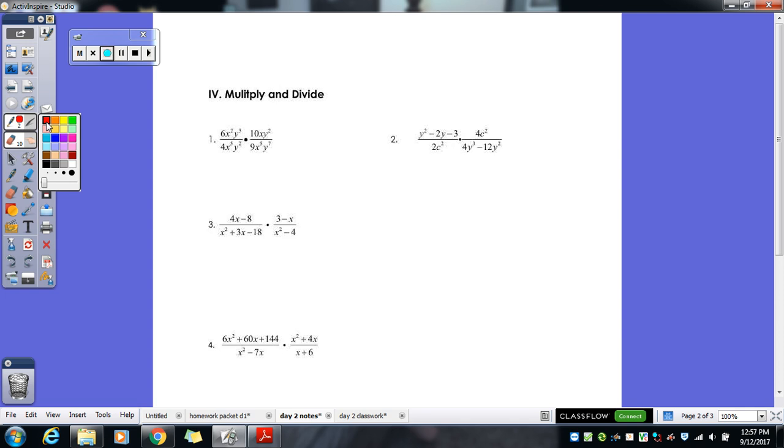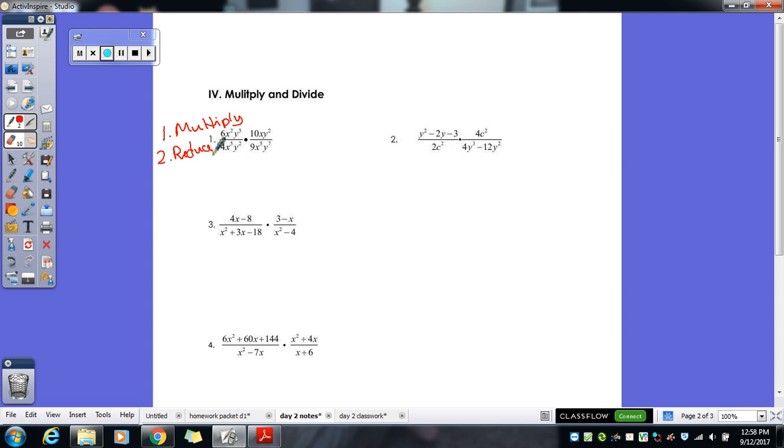Let's go to our multiplication and division. So if you have ones like this first one where, again, you have monomials, you got one term over one term times one term over one term, for these ones, it's easier to multiply first. And then you want to reduce like we were doing out in the front page.